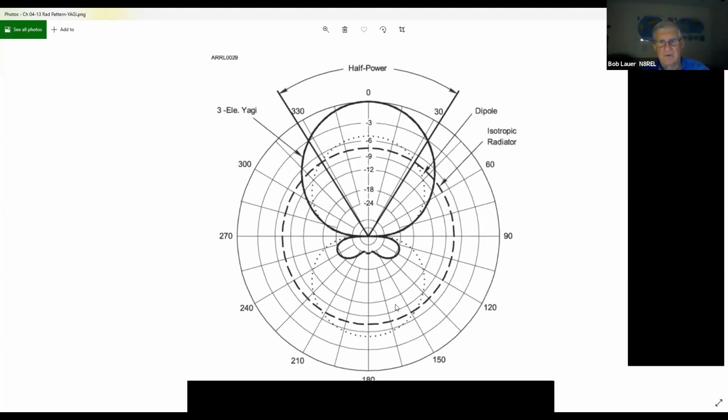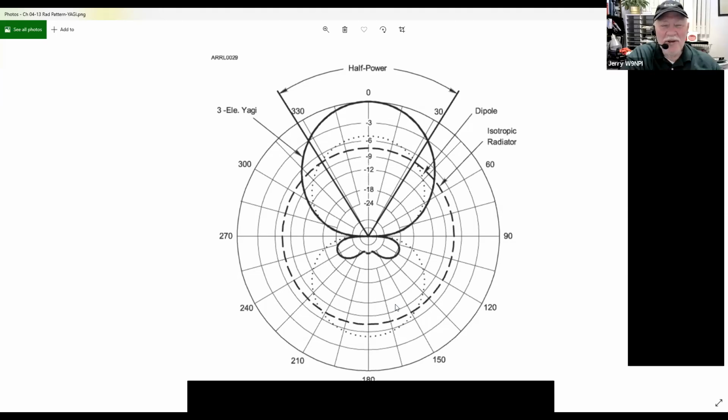Okay, so for instance, I think it's safe to say there's no such thing as gain with an omnidirectional antenna. Well, I know it's not quite right because it's gain relative to an isotropic. Yeah, isotropic is an artificial concept.